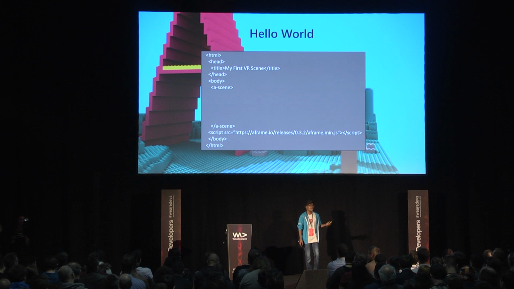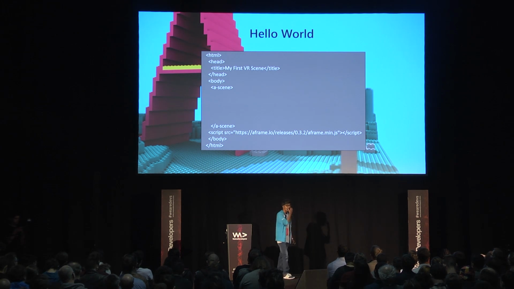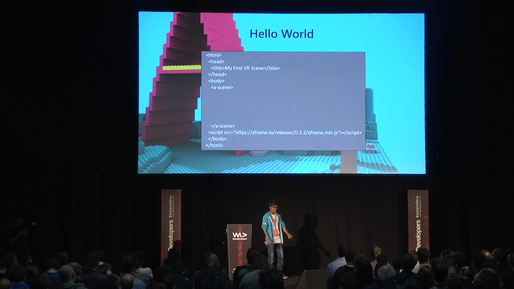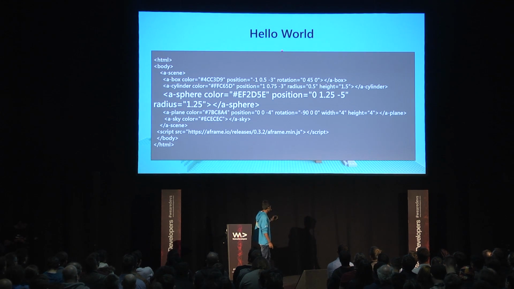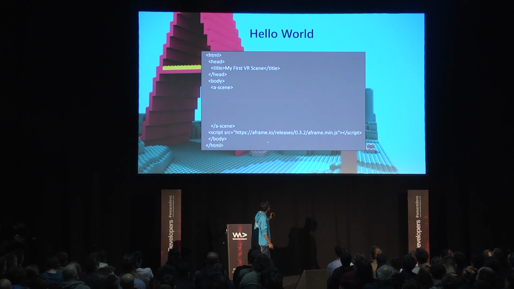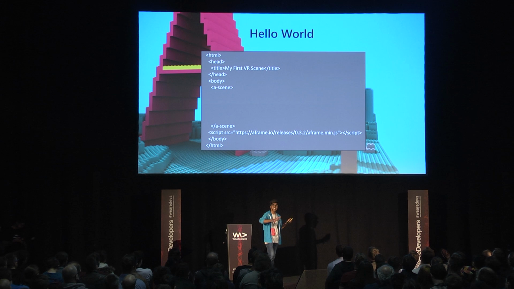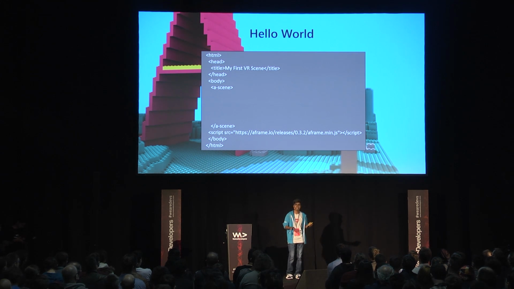And yeah, let's go through an example. So this is the Hello World example. I didn't do anything special. You have the general HTML tag, the general head tag, and body tag. I just added one script, which is A-Frame version 0.3.2, and integrated it in my web page so that I can use all the components in A-Frame in my web application now.